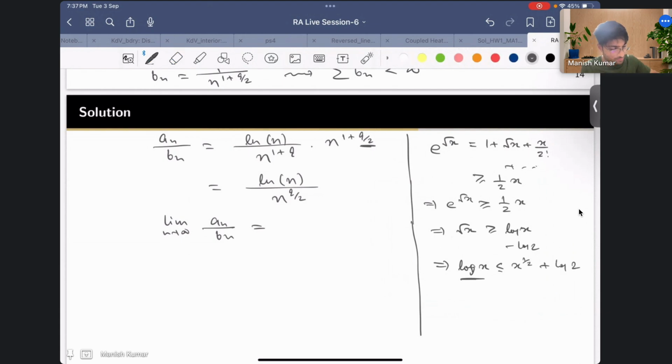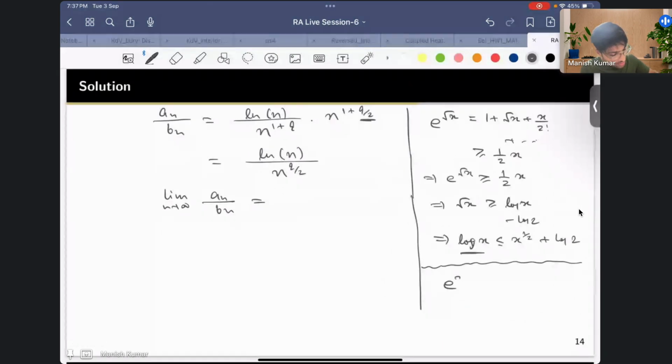In the same way, you can start with e to the x raised to the power alpha, where alpha belongs to (0, 1). You can write e to the x raised to the power alpha as greater than or equal to some constant times x.